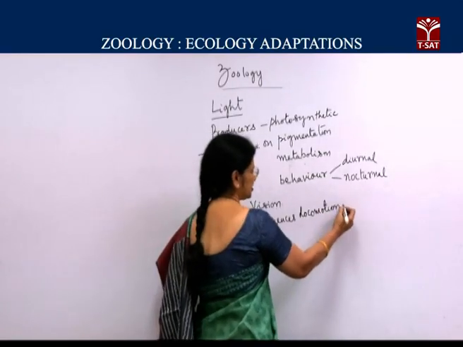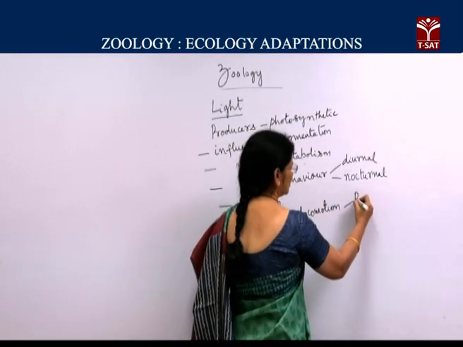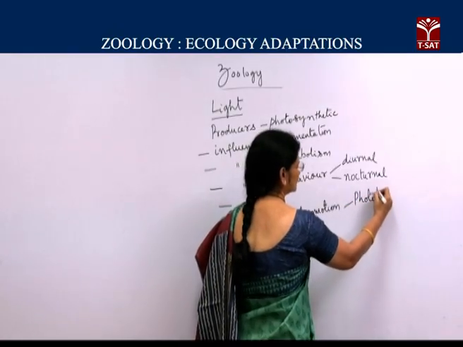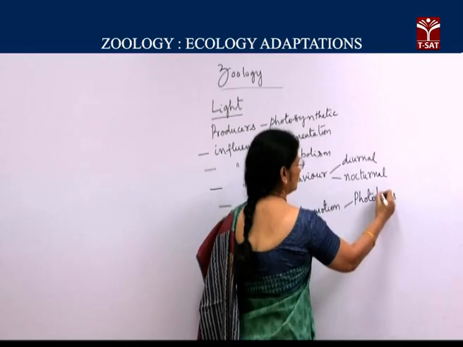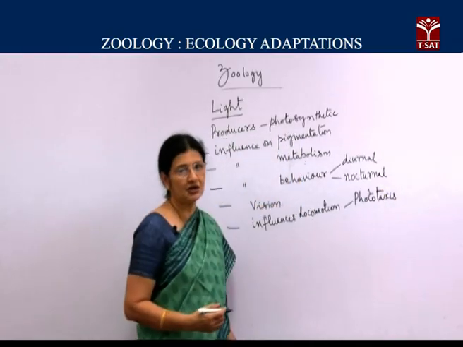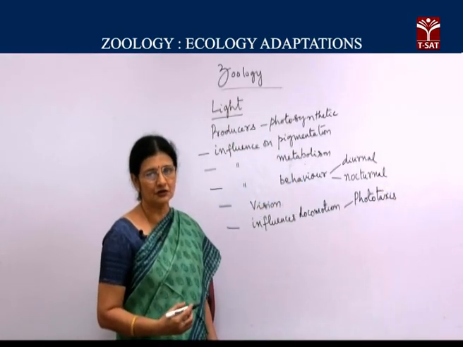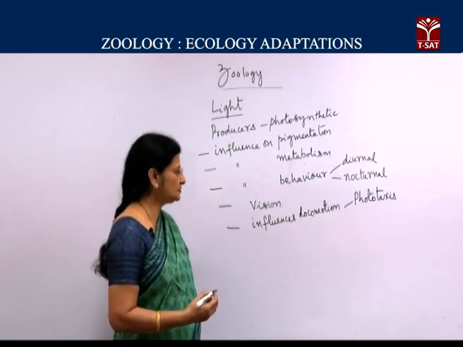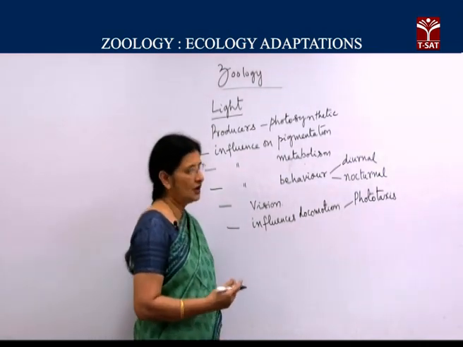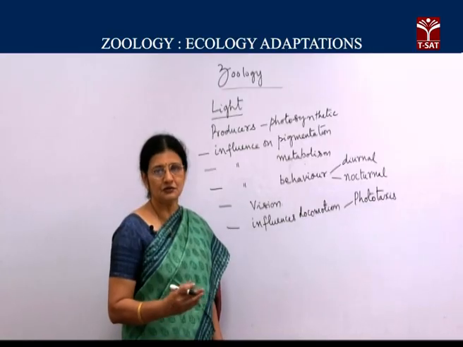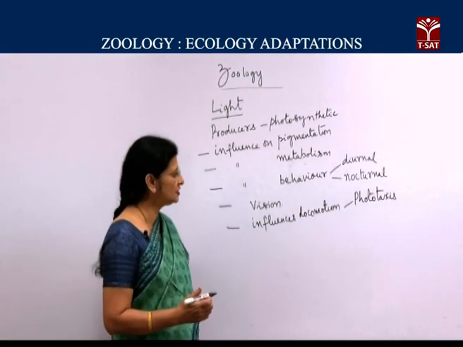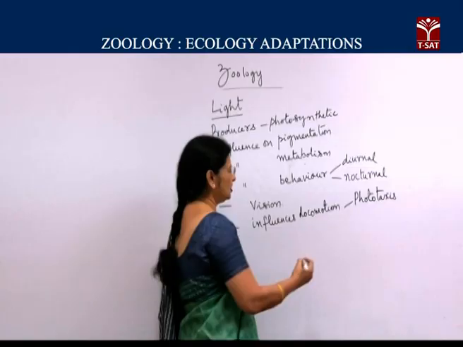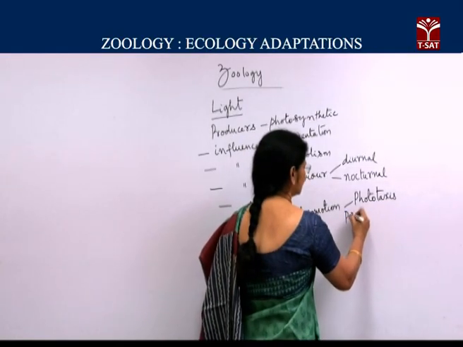Change in the direction is called phototaxis. So, oriented locomotor response is called phototaxis. In this phototaxis, organisms might be moving towards the light, towards the source of light, then we call it as positive phototaxis.